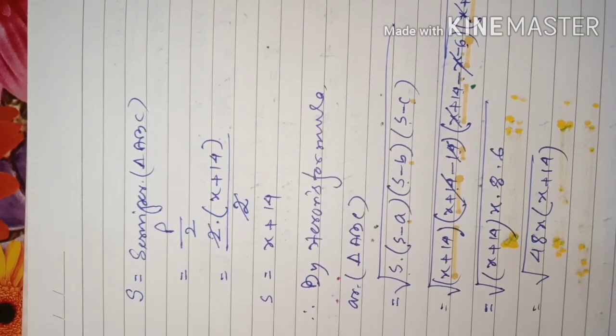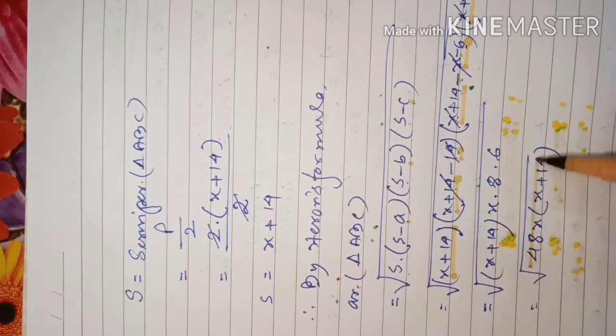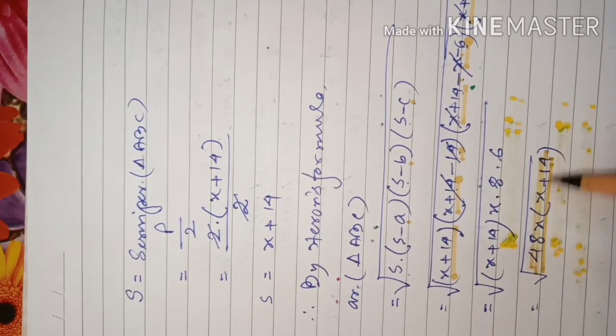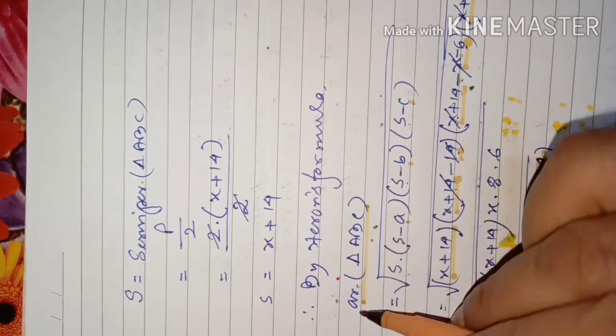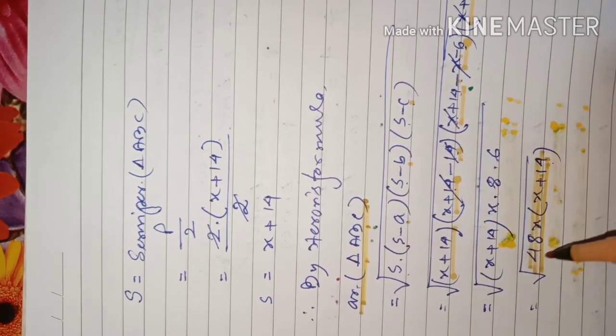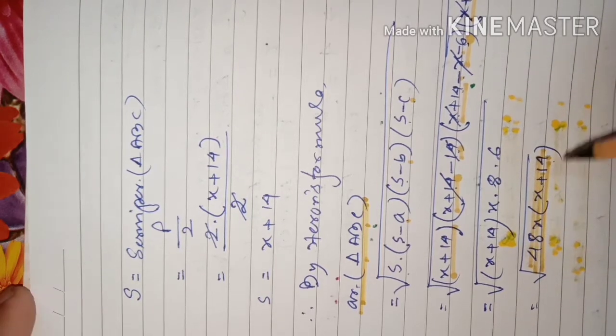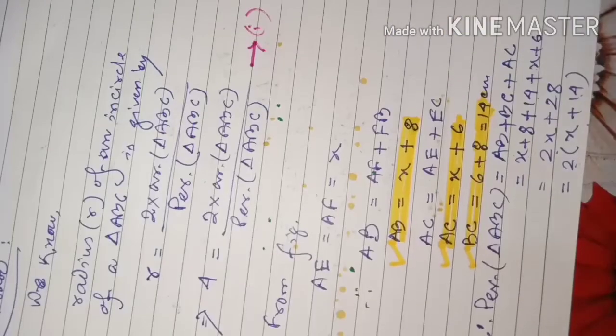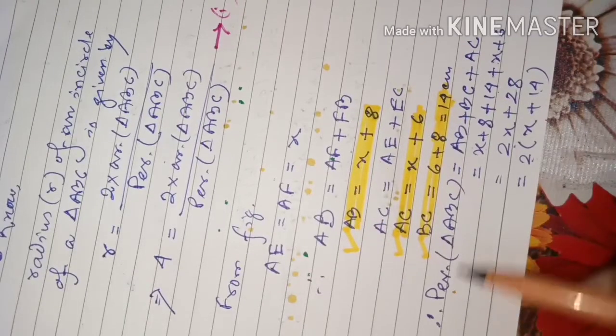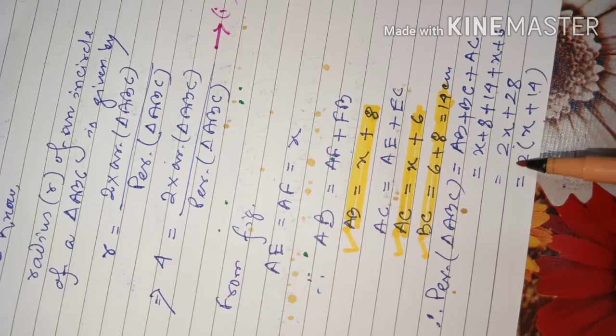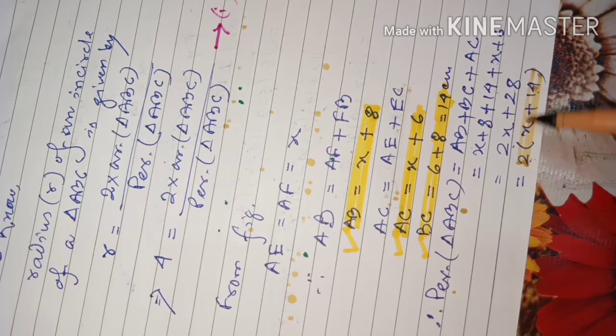This value is the area of the triangle ABC, under root 48x into x plus 14, and the perimeter of the triangle ABC is equal to 2 times x plus 14. That's why this value and that value are taken in that formula.